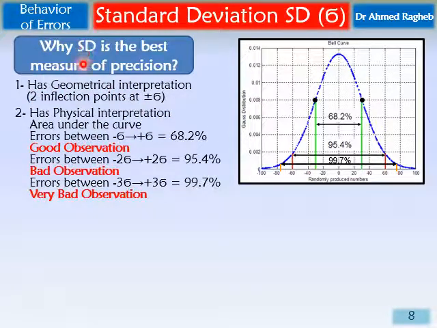Secondly, why is the standard deviation the best measure of precision? Because you will always find a fixed ratio. If you measured 100 times, then you will find 68%, or 68 measurements of the total 100, lying between plus sigma and minus sigma, or say for our example here, plus 2 centimeters to minus 2 centimeters.